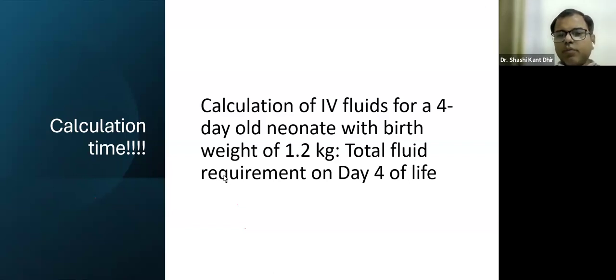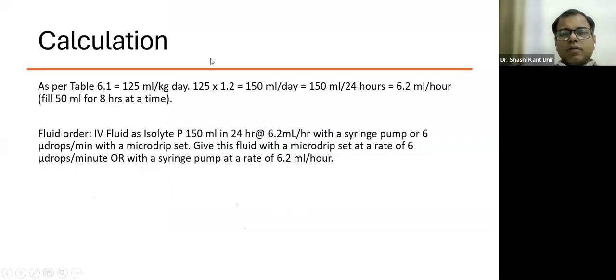So a 1.2 kg baby fits into the birth weight of less than 1.5 kg. If the birth weight is less than 1.5 kg, on day 1 of life we give 80 ml per kg, and then we increase it each day.